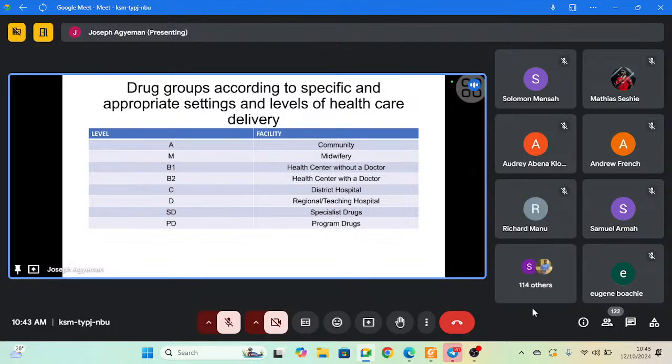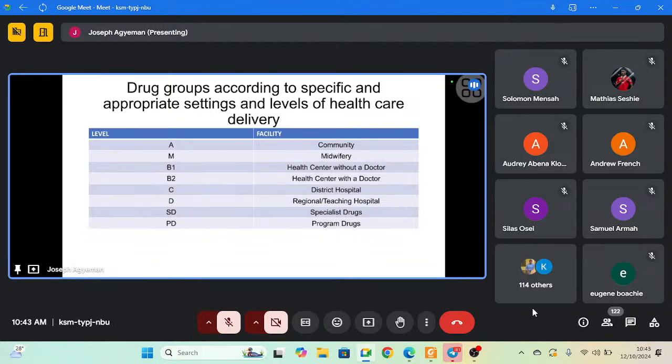So you see diclofenac, then you have maybe A, superscript. You see paracetamol, you have A. It means that paracetamol is a drug that is allowed to be used at the community level. You see oncology medicines is likely going to be SD, superscript, so specialist drug.